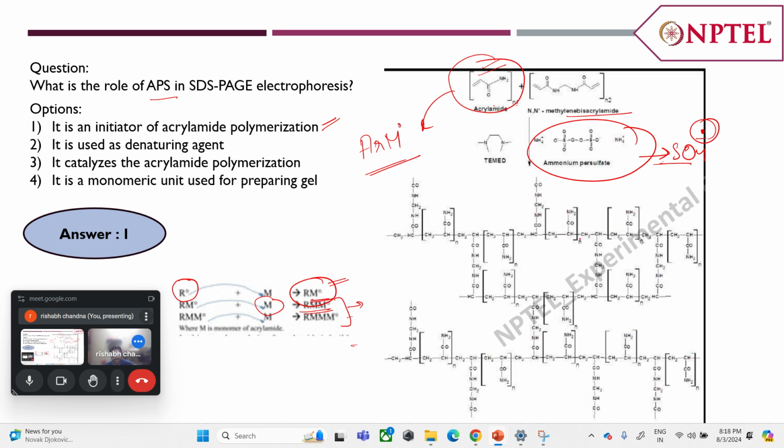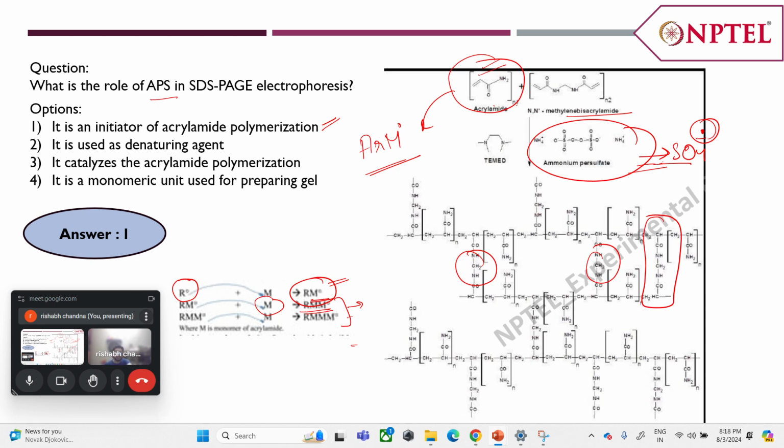Okay, so this bisacrylamide basically helps in cross-linking of the gel. So, as you can see, these are cross-links in the gel. That is why a gel or a mesh-like structure is formed. Okay, so this is how APS helps in the acrylamide polymerization.